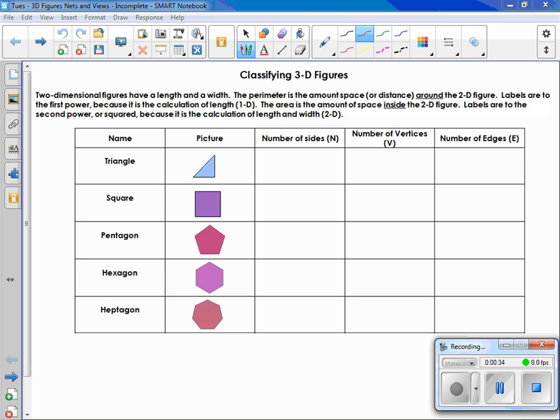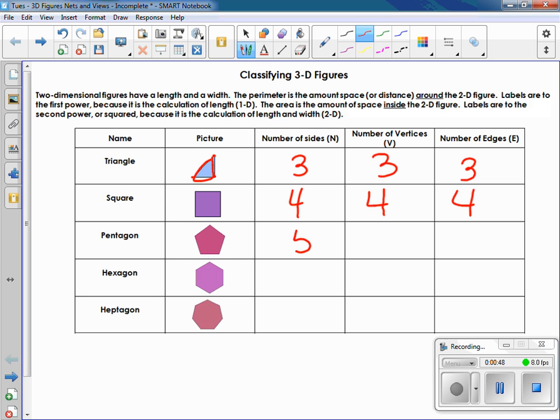So of course this first one is a triangle. It's got 3 sides, 3 vertices, and 3 edges. Edges and sides are really the same thing. So 4, 4, and 4 for square. Pentagon is 5. So just reviewing some vocabulary. Hexagon, there's 6.